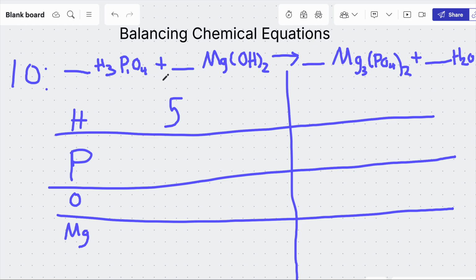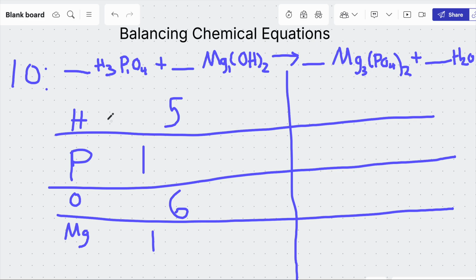Remember, that's like P1O4, so just 1. For O's, we're going to look at both of these again. So we got 4 right here, and then we've got 1 times 2 over here. So that's 2 plus 4 gives us 6. And then for Mg's on this side, yep, I wrote that right. Remember that's like Mg1, so we just got one Mg over here.